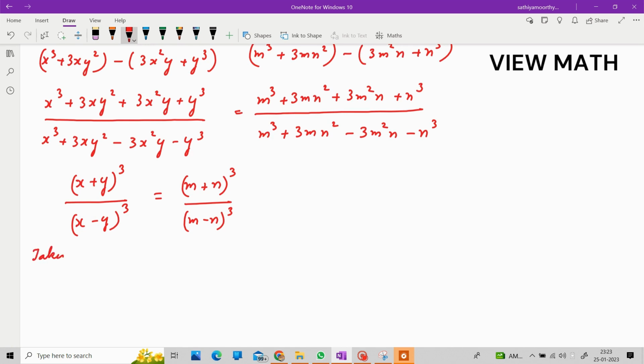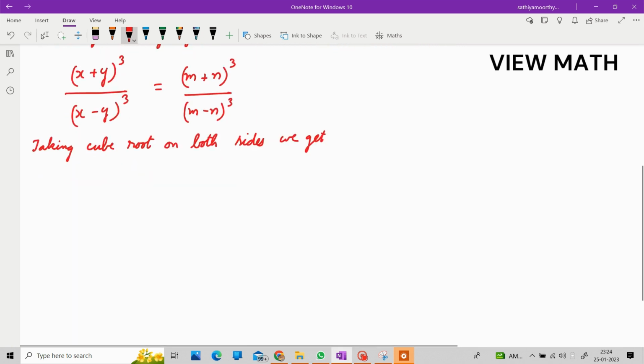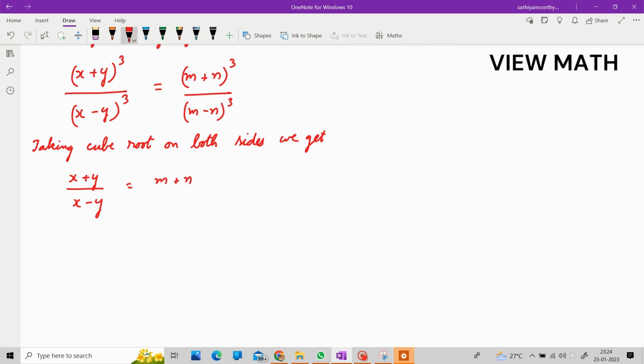Taking cube root on both sides, to remove the cubes, I get x plus y by x minus y is equal to m plus n by m minus n. Now I am going to apply componendo and dividendo property.